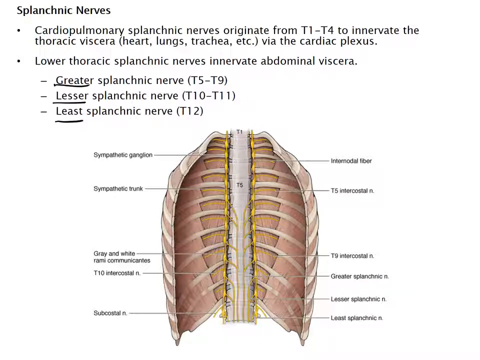The greater thoracic splanchnic nerve happens to come from levels T5 through T9, and here's the greater splanchnic nerve shown here on the image. Lower down within the thoracic cavity, you have the lesser thoracic splanchnic nerve, which comes from the levels T10 through T11. And the last splanchnic nerve to arise from the thoracic cavity would be the least splanchnic nerve, which comes from the level of T12.